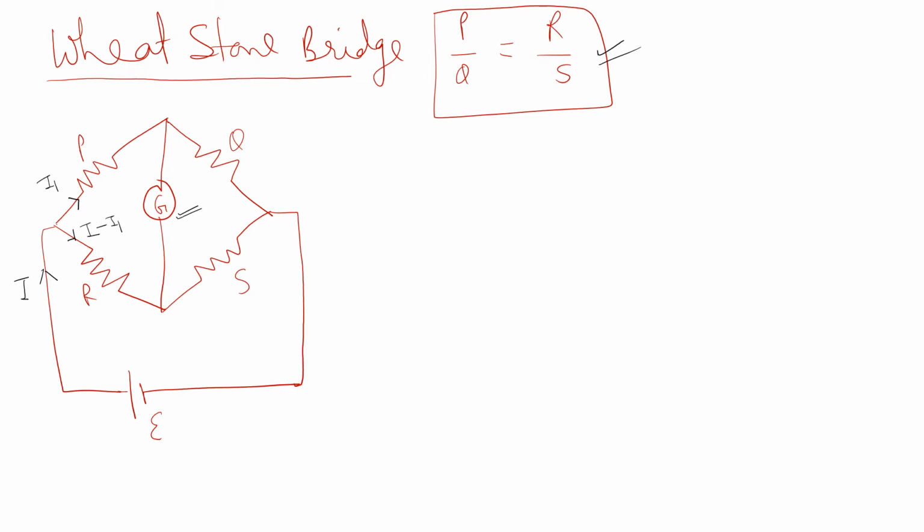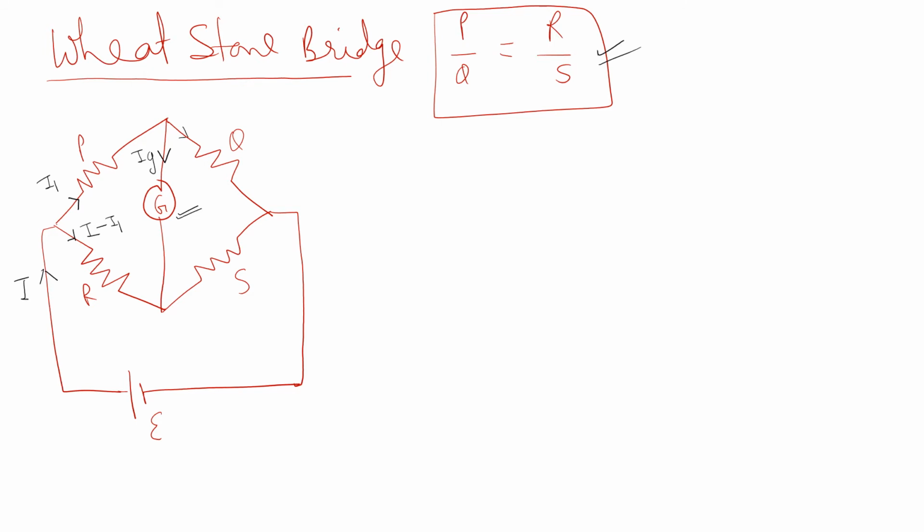Just for the sake of simplicity, let us assume that initially the galvanometer is not showing null or zero deflection, but some deflection, and I assume that the current in the galvanometer is Ig.